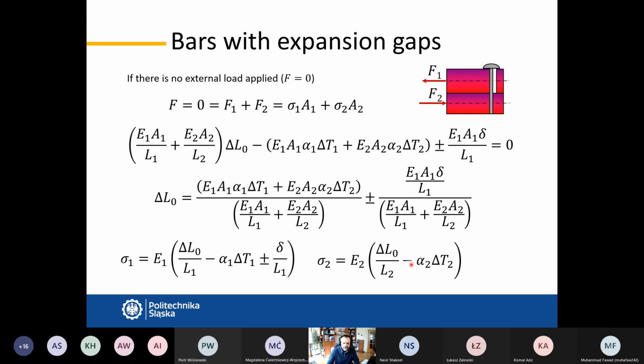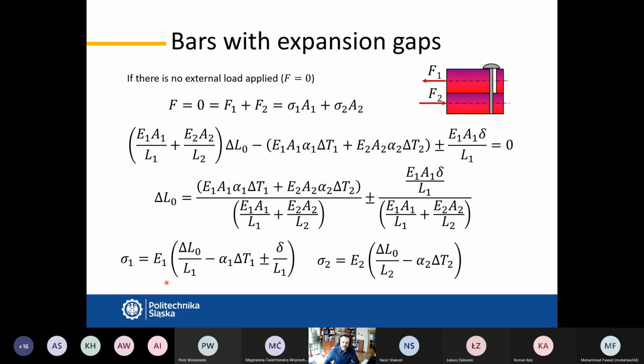And stresses can be calculated in the same way. Generally, the introduction of the gap decreases stress within such a connection, compared to the situation when no gap is present.